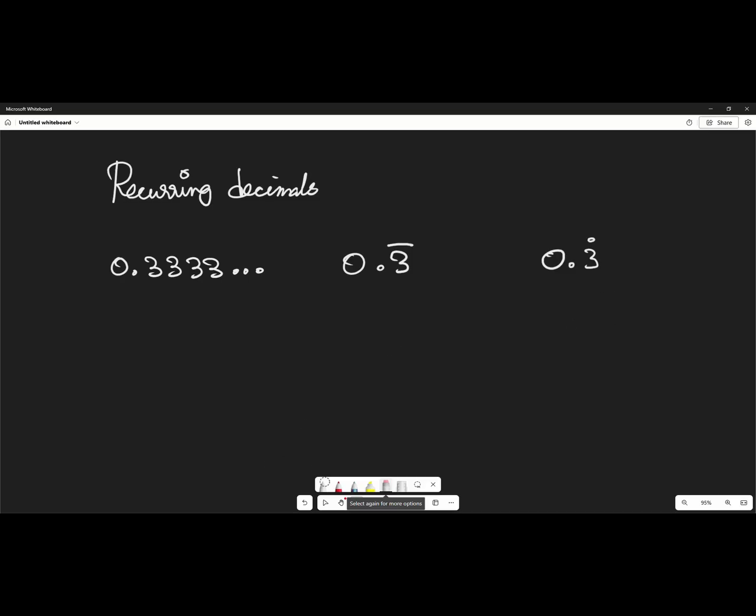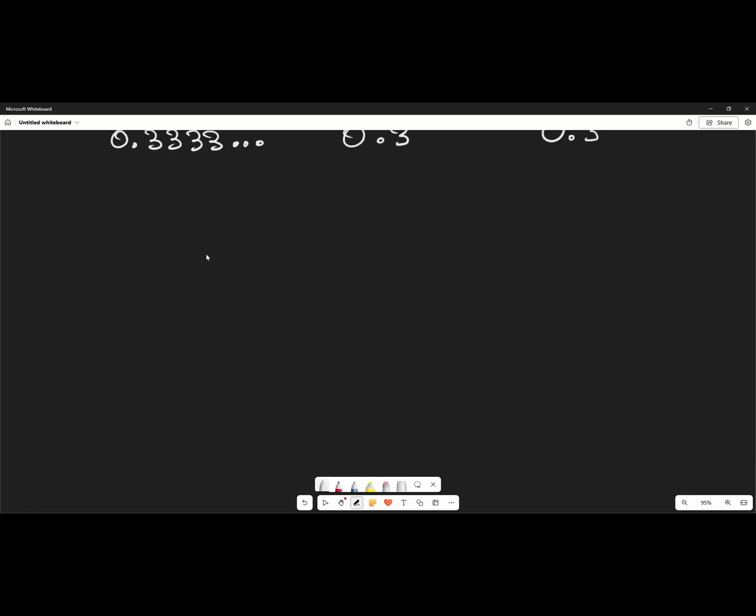Now, to write a recurring decimal as a fraction: they have an infinite number of decimal places, so you can't write divided by 1,000 or 100 or million. There will always be more numbers.